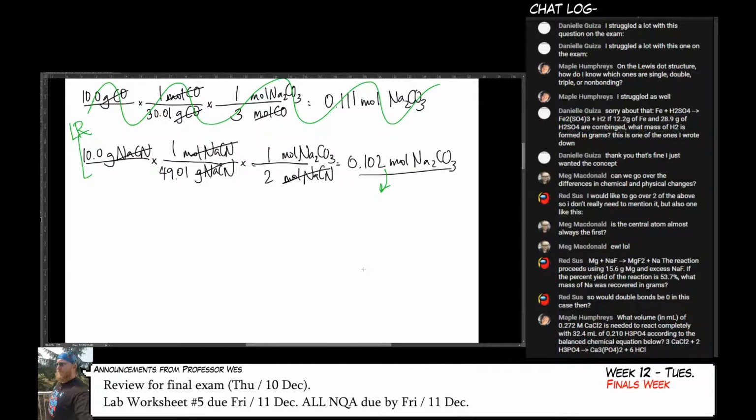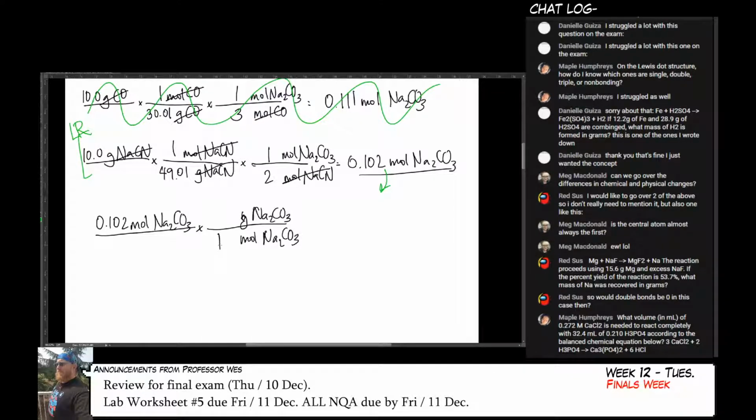And so what mass of sodium carbonate would be made? Well, since the limiting reactant controls how much stuff we produce, we then take the number of moles that we'd get. We'll go moles sodium carbonate to grams sodium carbonate.